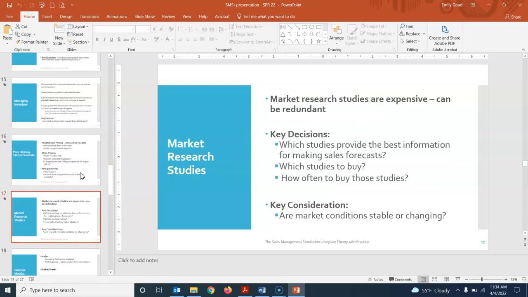Market research. How do I know how much to forecast? Well, in Q1, it's a guessing game. And you'll see when we look at how you're graded that Q1 is not included because you're just getting a feel for things.